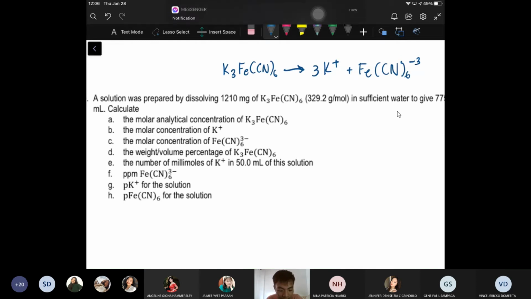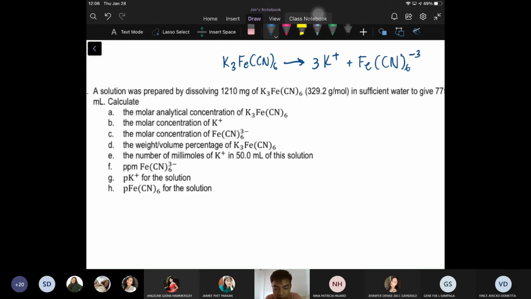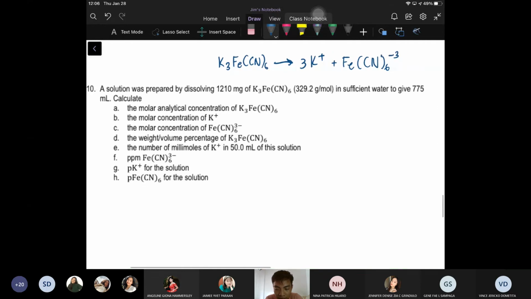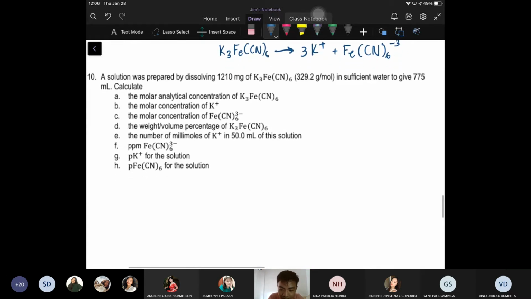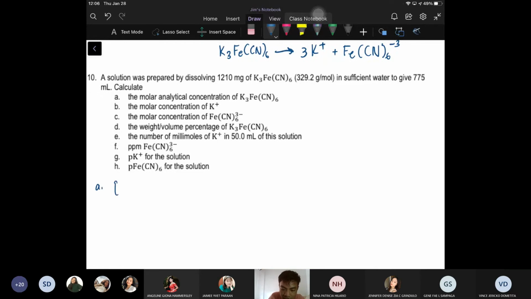So let's calculate for A to H. Okay. Sige. So letter A, the molarity, the molar analytical concentration of the substance. Kapag sinabing ganyan, molarity lang yan. So A, let's calculate for the molarity of K3FeCN6.